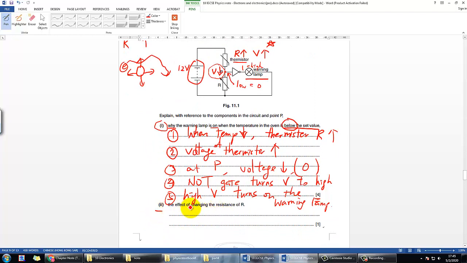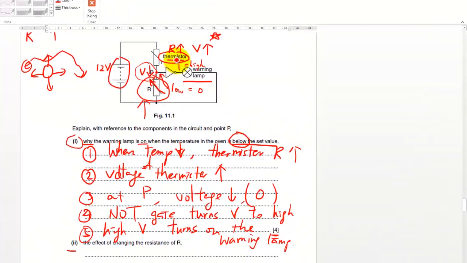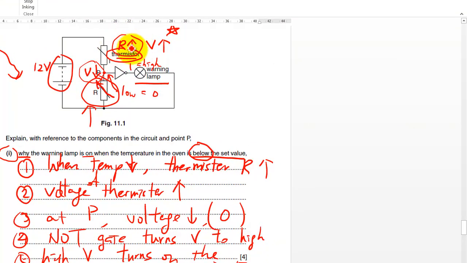Number 2, it asks you the effect of changing the resistance. That means the variable resistor. Apparently when you change this, then the ratio between the thermistor and the variable resistor will be different. So imagine if this increases, then the thermistor's resistance has to be even higher to switch on the light.